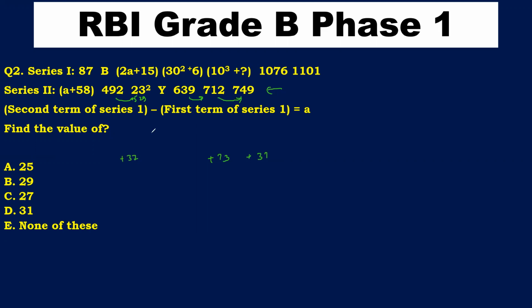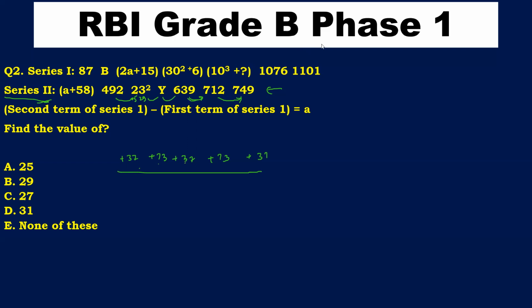So alternately 37 and 73, and 37 and 73, they are getting added. This is how you can apply. If there was a question on this series, you can solve this using this pattern: 37, 73, 37, 73, and so on.